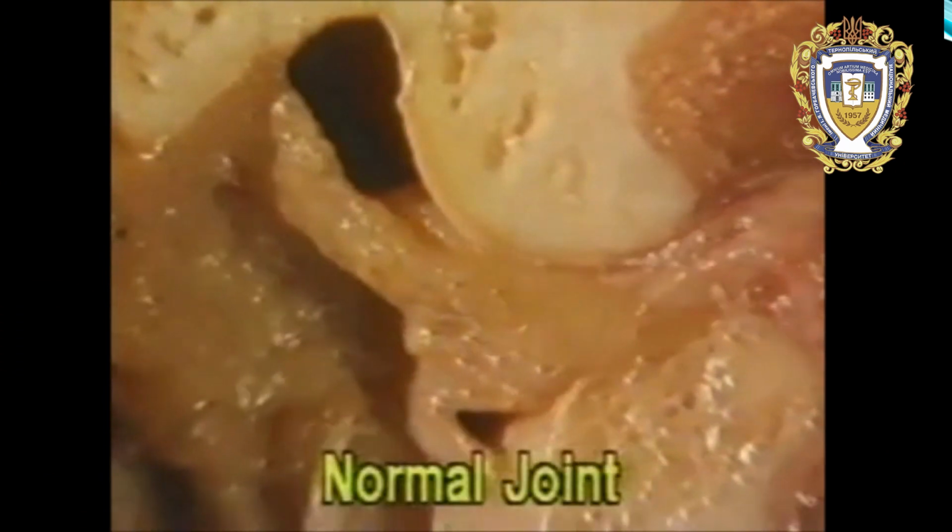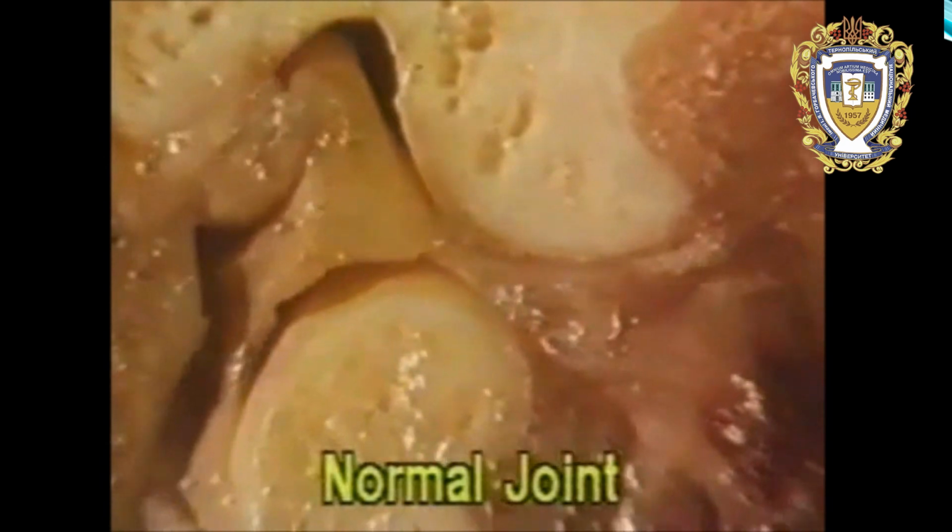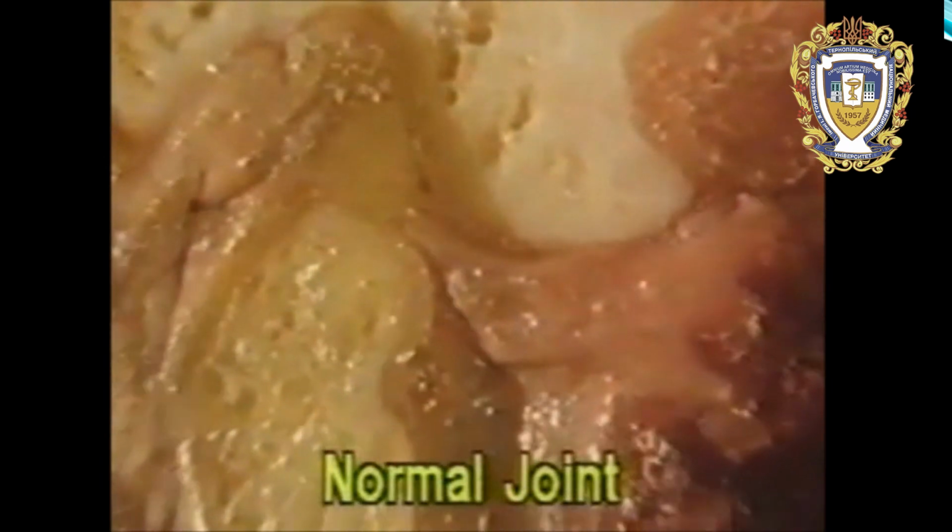This is a normal temporomandibular joint. I would like to show you videos of the different stages of disc displacement. The disc is biconcave and it's located in a superior position.